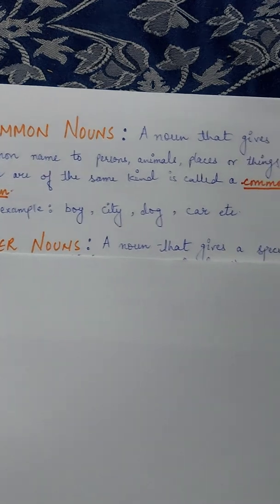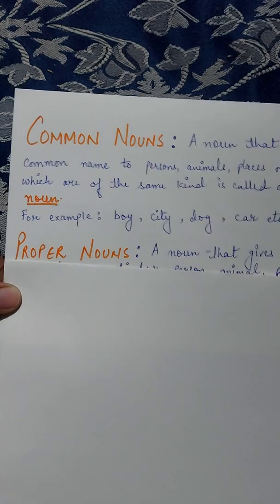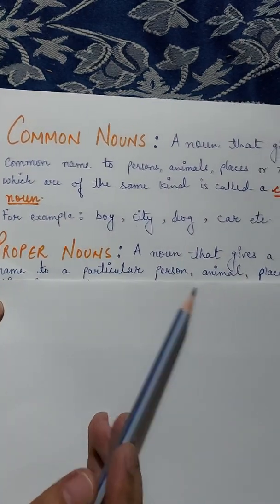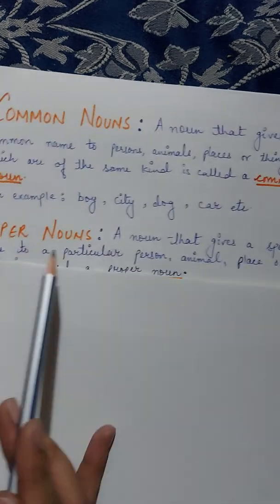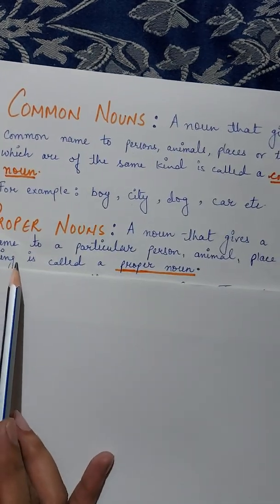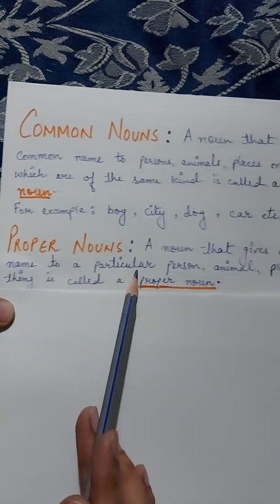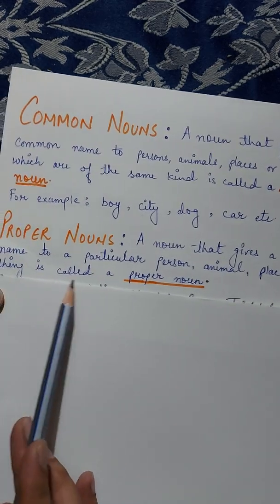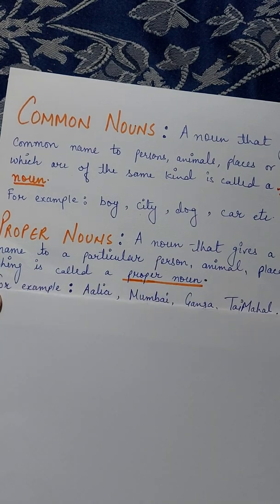Proper noun is a noun that gives a special name to a particular person, animal, place or thing. Okay? So a noun that gives a special name to a particular person, animal, place or thing, it is called a proper noun. For example, your name.